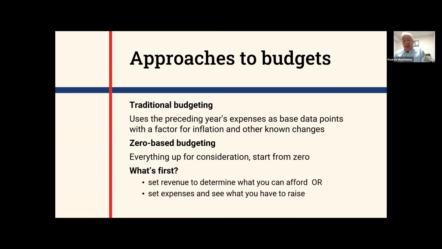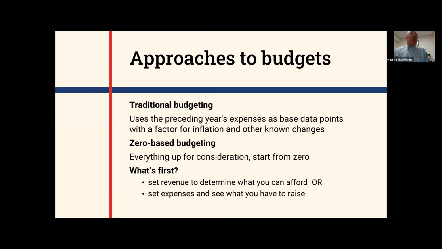Traditional budgeting is based on historic information, and so revolves around the previous year's accounting. Zero-based budgeting is based on estimates, and so it involves decision-making as we go forward. So the simplest one is using traditional budgeting rather than zero-based budgeting.